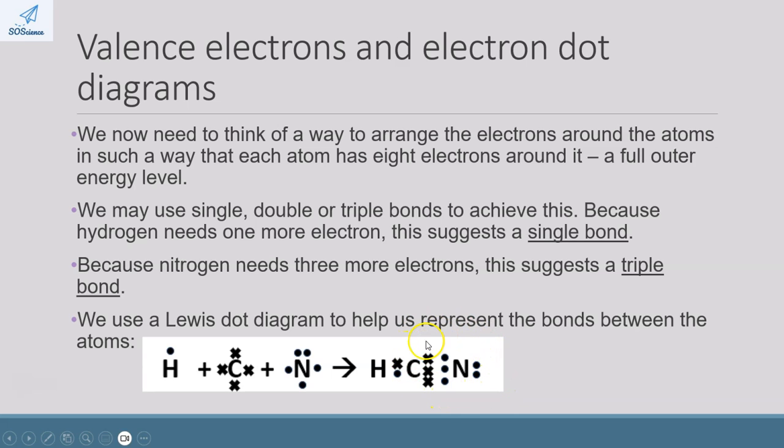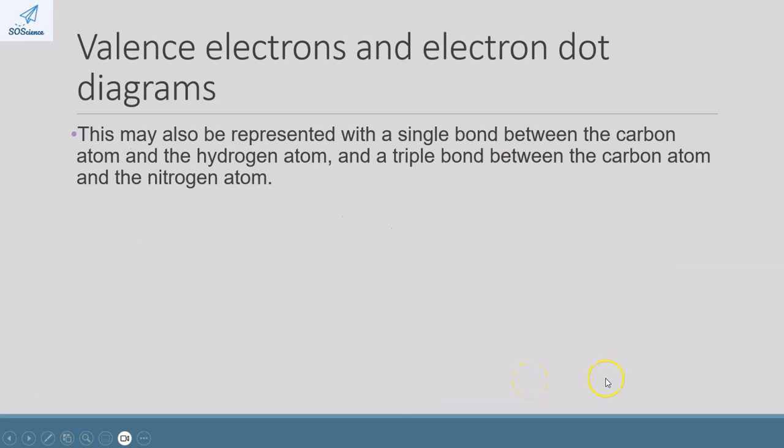Nitrogen has got 8. 2 plus 3 plus 3 makes 8, so nitrogen's happy. And carbon is also happy because it has 8 valence electrons around it. 3 plus 3 plus 2 again makes 8. Now, this may also be represented with a single bond between carbon and hydrogen and a triple bond between carbon and nitrogen, like this.